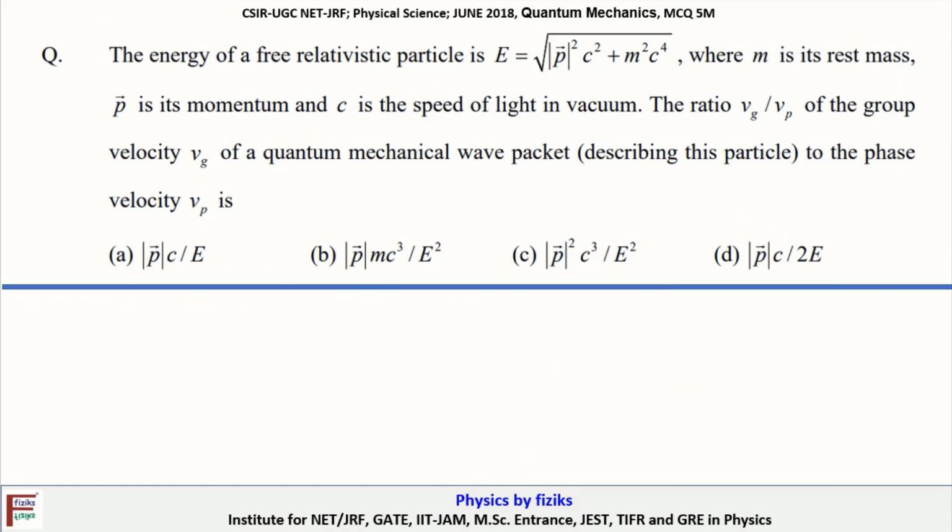The energy of a free relativistic particle E is defined as, we can write it down, E squared equals P squared C squared plus M squared C to the power 4, where M is mass, C is speed of light, and P is momentum.